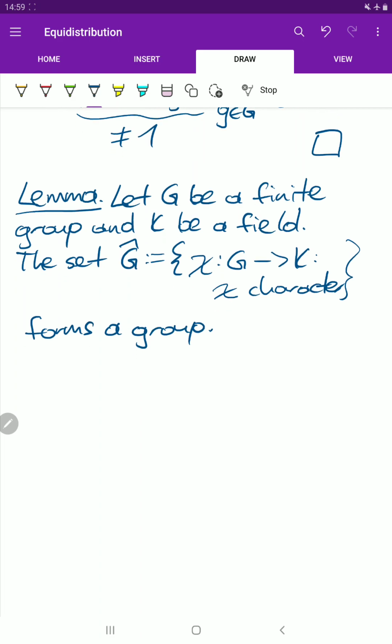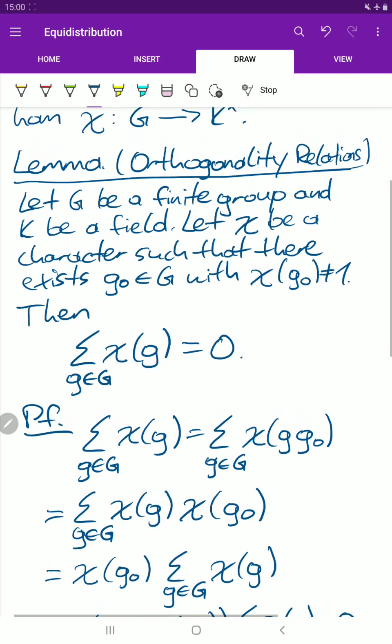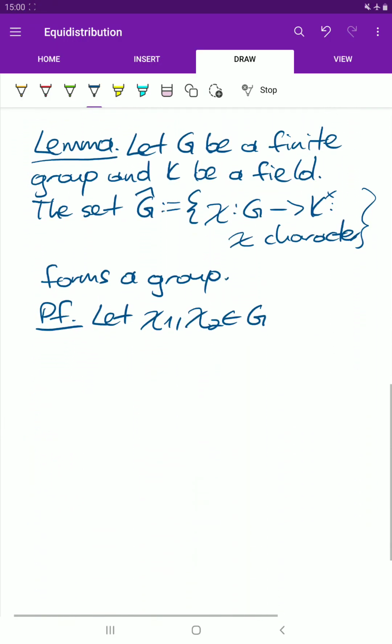Okay, let's prove it. So first we have to define what is our group operation. So let's take 2 characters. Oh, here there's a star missing. Have I been missing it somewhere else? Hope not. No. Good.